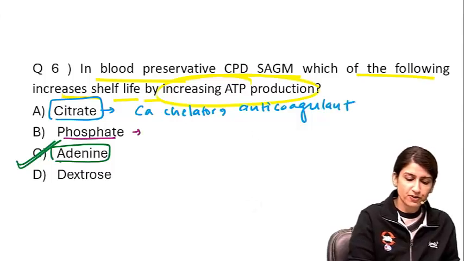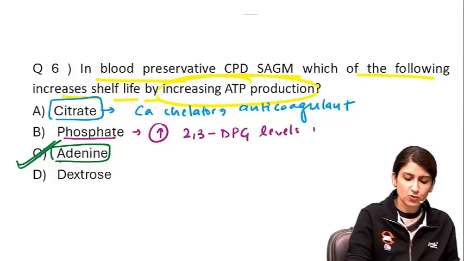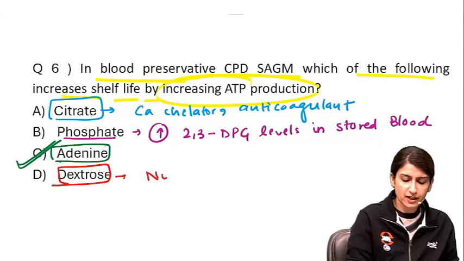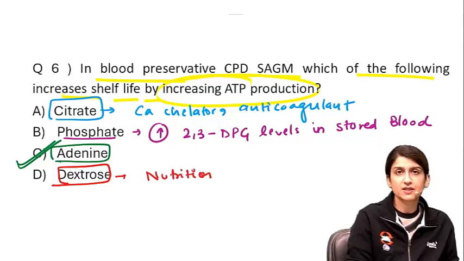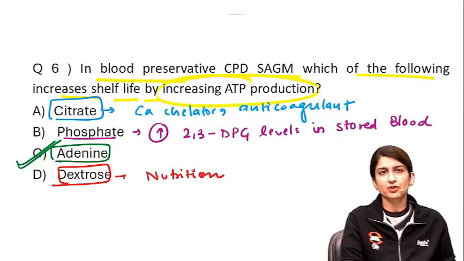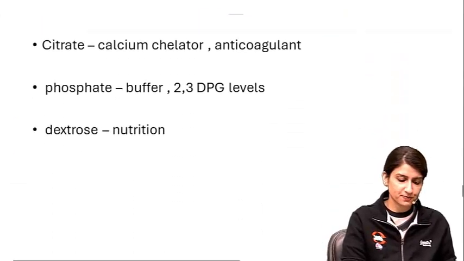It is a buffer and it increases the 2,3 DPG levels in the stored blood. And if I talk about the dextrose, क्या करता है? It provides nutrition to the cells, right? So with this, I am done with this question. Correct answer is C here.